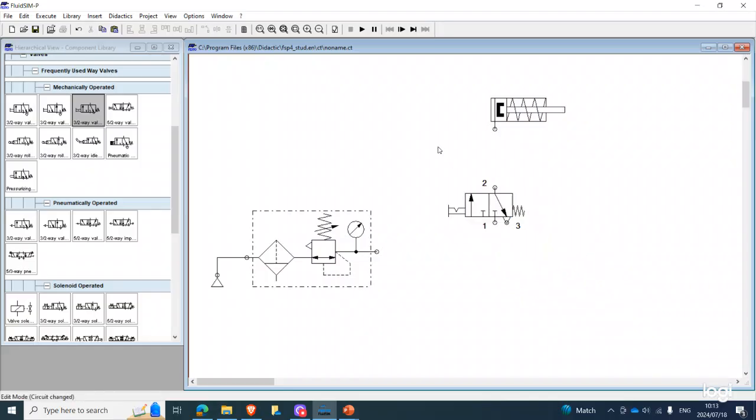Because a selector switch is normally closed, but the main point of a selector switch is that it's latched. So I only have to press it once, and then it allows air to flow through. And then when I press it again or release it, it cuts the supply of air without me having to hold it down, right?